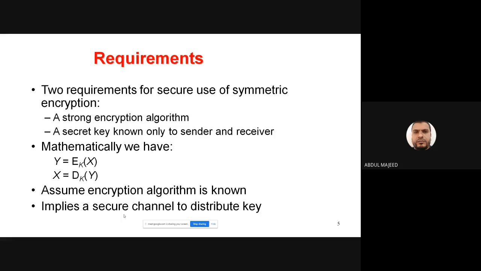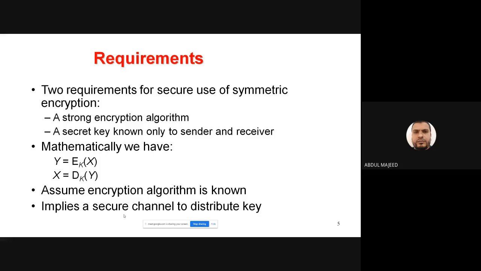Once again, in that equation, y is ciphertext, x is plain text, e stands for encryption, d stands for decryption, and the same key we are using for encryption and decryption. That's why on both sides, encryption and decryption, we have used that k. And x represents the plain text and y represents the ciphertext, right?